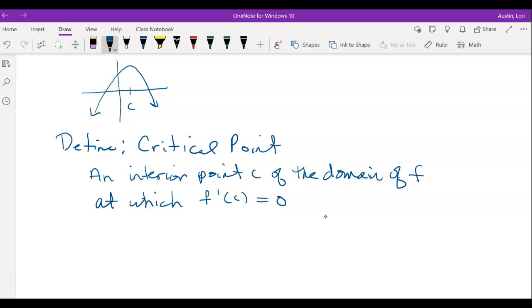Well, that one makes sense because we know what's happening when f prime of C equals 0. We've got a max or a min, right? But critical points are broader than just max and mins. Something also happens when f prime does not exist, fails to exist. This is called a critical point.